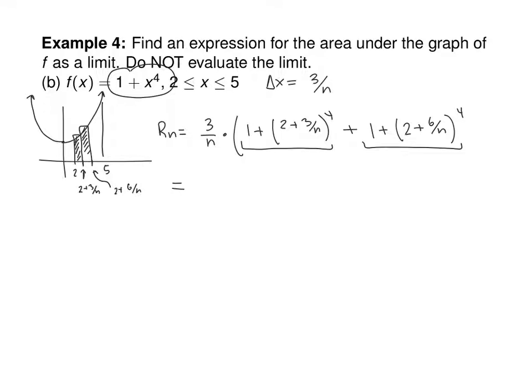Let's just think about what the last one would be. It'd be 2 plus 3n over n, which is what makes 5. So plus 1 dot dot dot plus 1 plus 2 plus 3n over n to the 4th. Okay, so that's 3 over n.